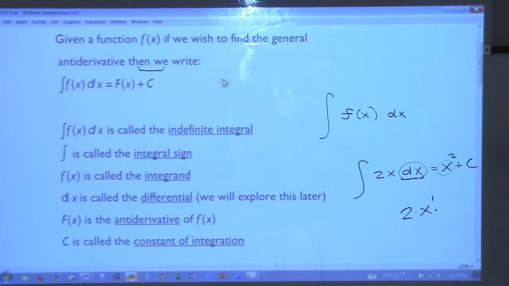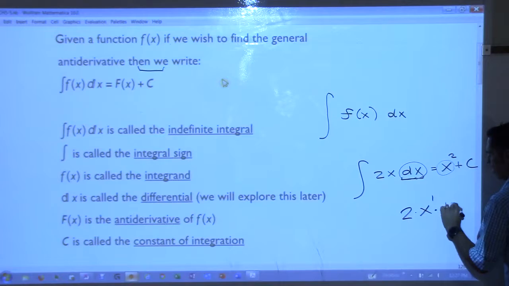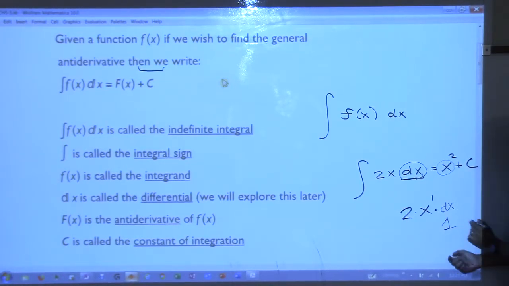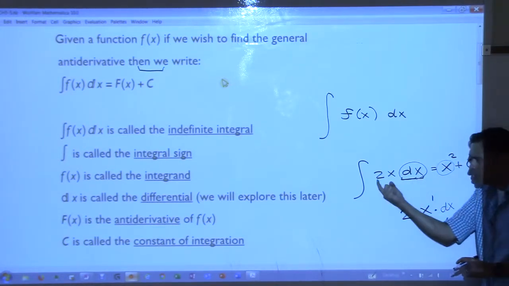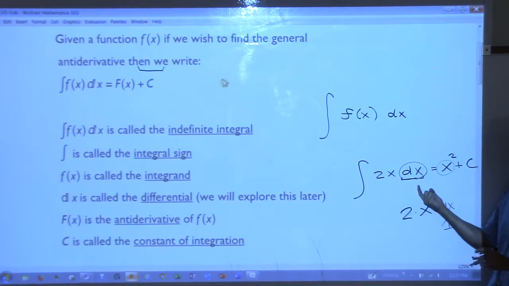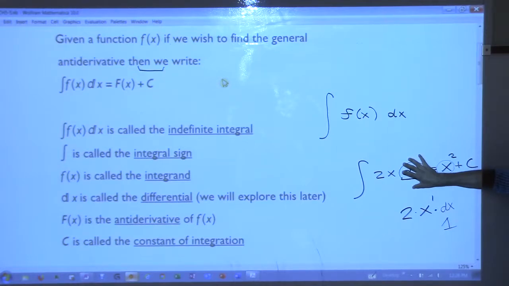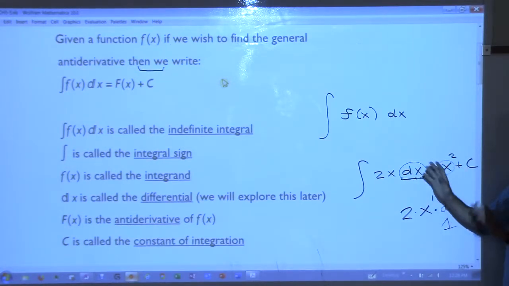It's 1, right? So I could put dx there, like the derivative of x, but this is really kind of a 1 for us, isn't it? So do you see that if I take the derivative of this, I actually do get 2x dx? It's really kind of a 1, but we need it here for what we're going to do.